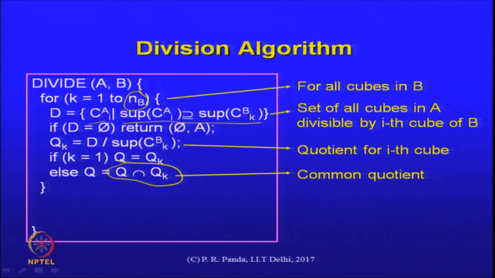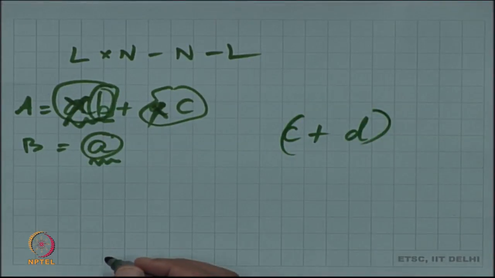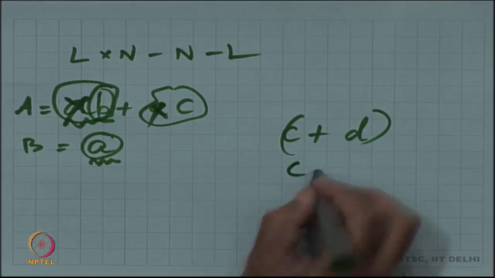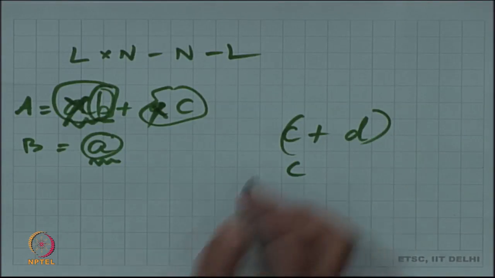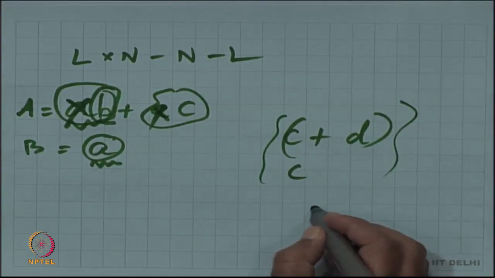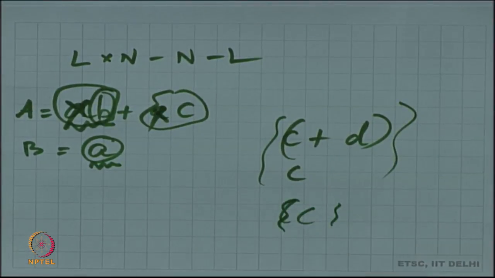What is the point of that? It is like saying I had C plus D earlier, but now it turns out that for the kth cube I have just C, then I should take an intersection of these two, which means that C should remain. So it is not C plus D, the plus D part of it is gone, but only C should remain.